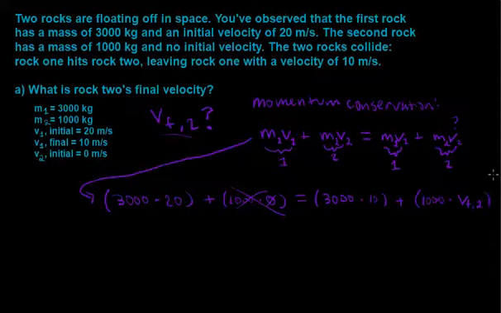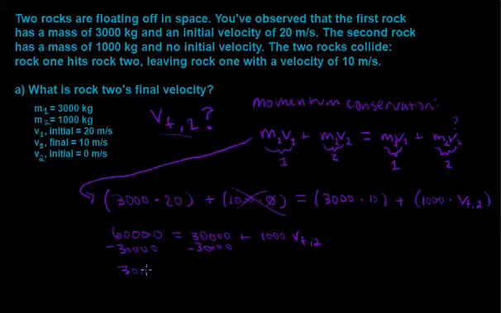So now we multiply these numbers out, and we get that 60,000 plus 0 is just 60,000, which is equal to 30,000 plus 1,000 times our final velocity of rock 2. We just subtract this on both sides. 60,000 minus 30,000 is just 30,000, which is equal to 1,000 times the final velocity.